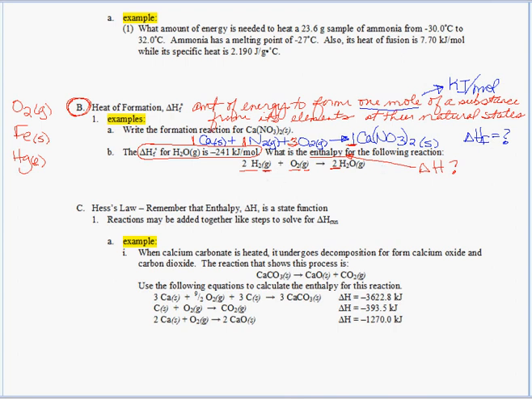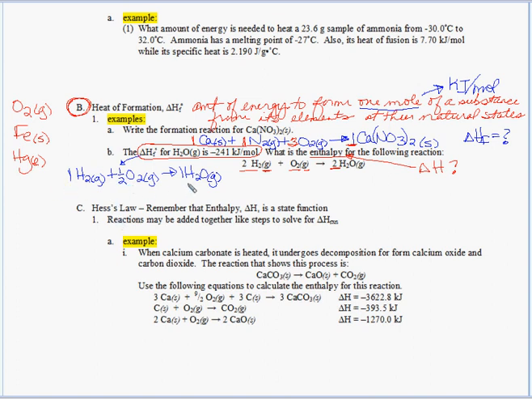Knowing that, we can use the information that we're given in this first sentence to make a comparison. That information in the first sentence is saying you would know the formation heat if you looked at the reaction forming 1 mole of water as a gas from its elements at their natural states.